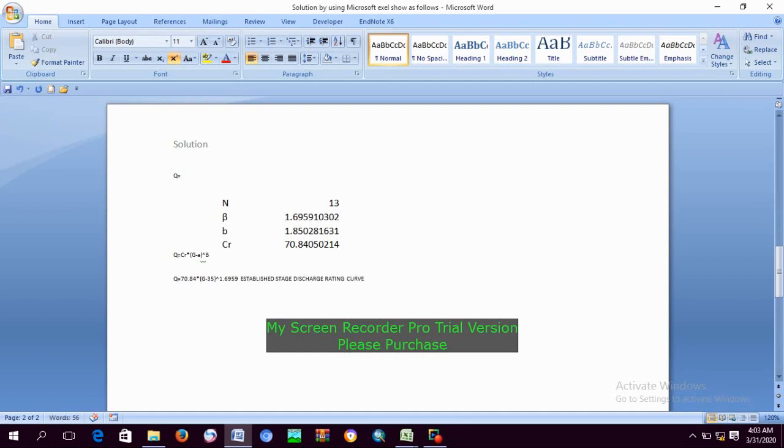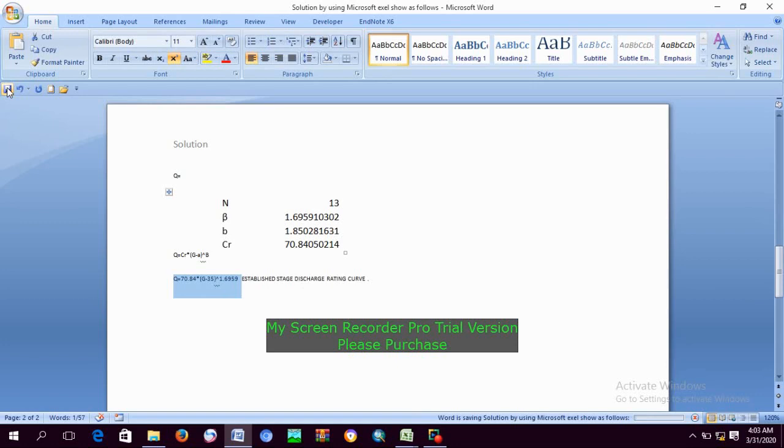It expresses the relationship between stage and discharge, so by using this relationship we can predict any discharge at a corresponding given gauge.